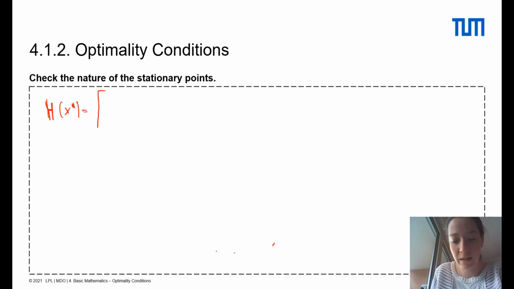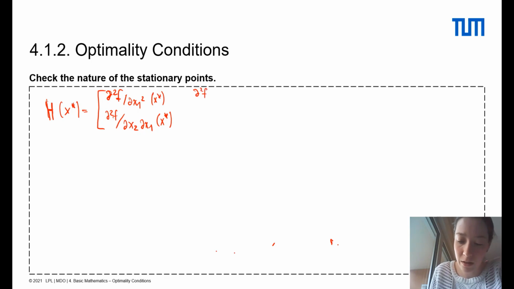The Hessian is simply the second order derivative, so component-wise it's d square f over dx1 squared, then the mixed derivatives at x star, and finally we differentiate twice with respect to x2.